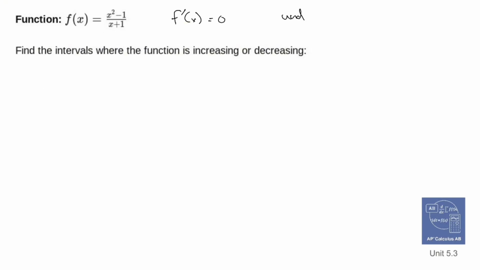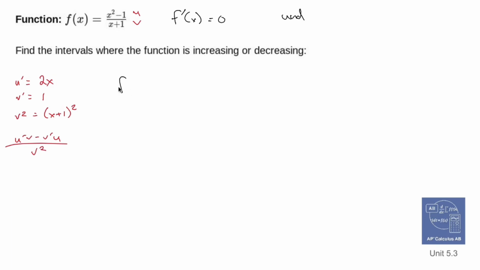So let's take the derivative of this guy. And if you're thinking, is that quotient rule? Yes, it is. So u prime is going to be the derivative of the top, so 2x, not so bad. V prime is going to be the derivative of the bottom, which is 1, not so bad. And then v squared is going to equal x plus 1 squared. Quotient rule is u prime v minus v prime u all over v squared.